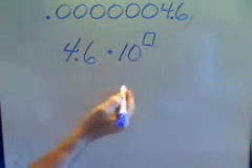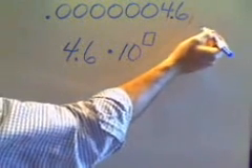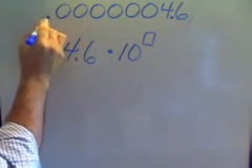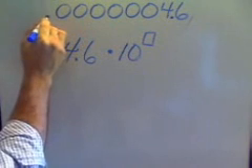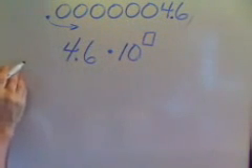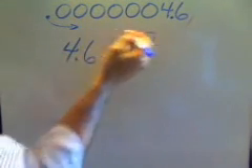Well, if you remember when we changed the big numbers to scientific notation, the decimal point was over here, and we moved it this direction. Just the opposite is true this time, where the decimal point started over here, and we're going in that direction. In order to show that, we are going to use a negative exponent.